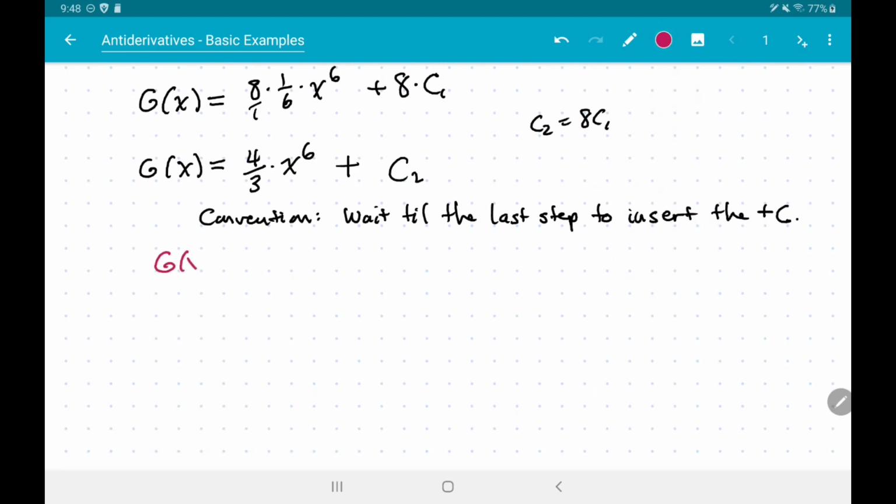So again, I'm going to start with the antiderivative written in definite integral notation like that.